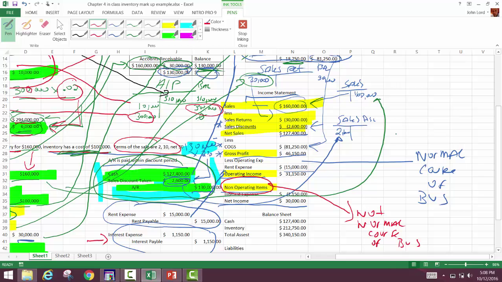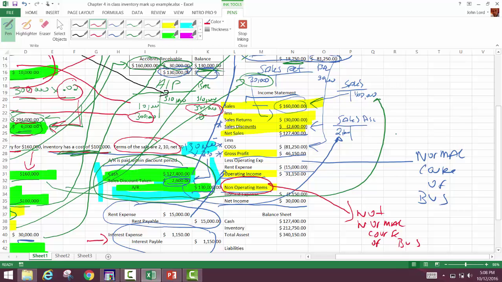What's the point? So what happens? If you're not a bank, interest is not the normal course of business because you don't necessarily have to incur interest every single day in a retail company that sells inventory.